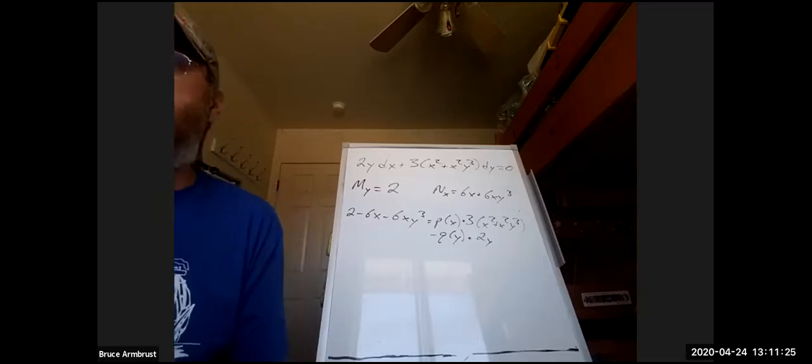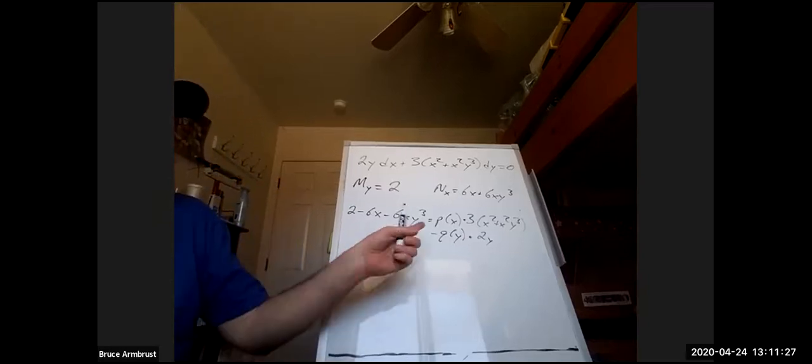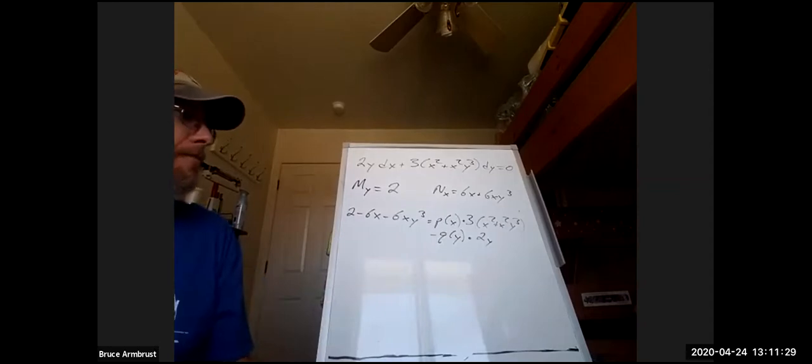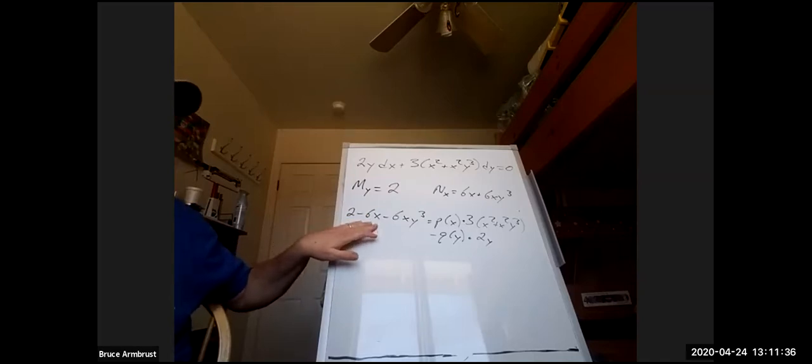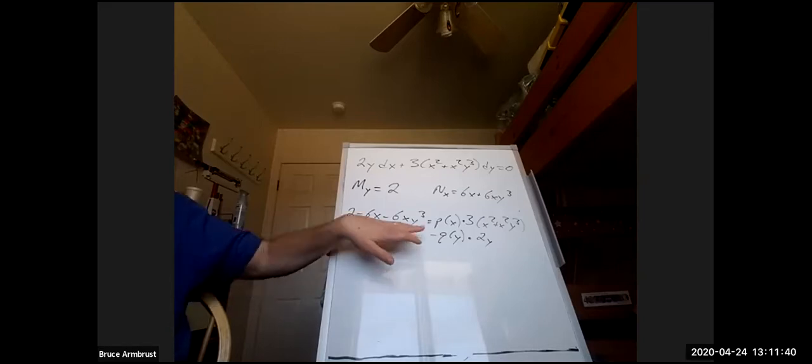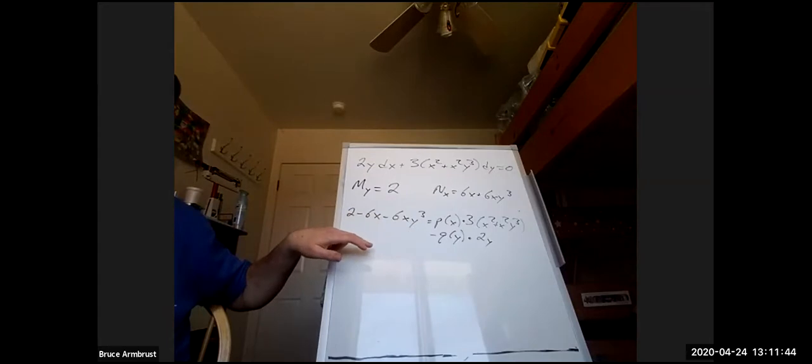So now the question is, what are the P of x and the Q of y? So here's what I do. I look at what my goal is, and I try to think about what sort of things I can multiply in here to get these pieces. And I'm going to start with the most complex piece, which is the 6xy cubed.